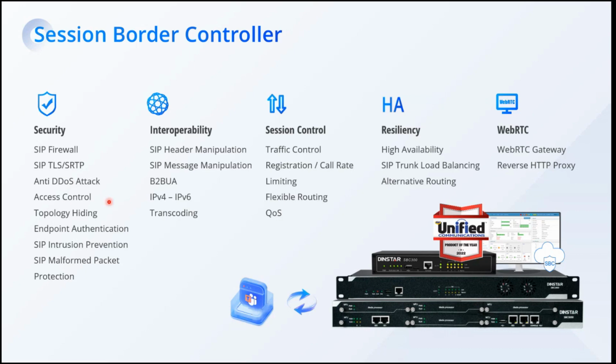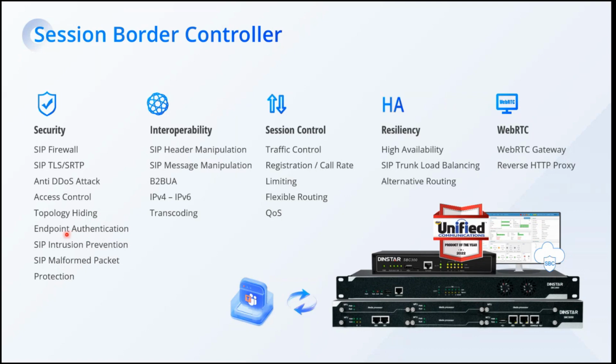You can allow certain customers or permissions, allowing outside networks to access your PBX. Topology hiding is something like the SBC as a gate. If you have a PBX or call center solution inside your network, outside people can only see the SBC, and cannot see your PBX inside your LAN. So it works as a topology hiding role.